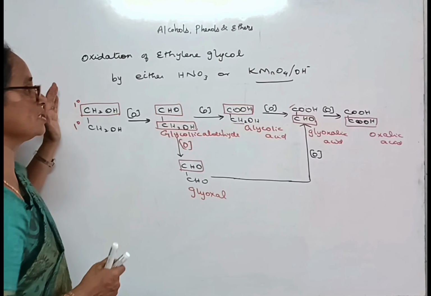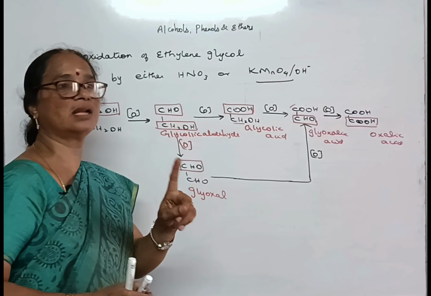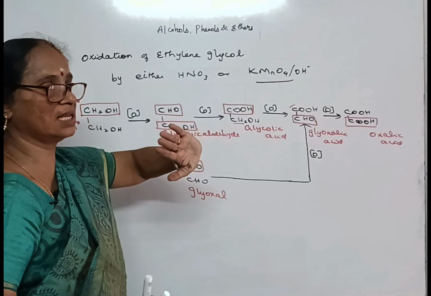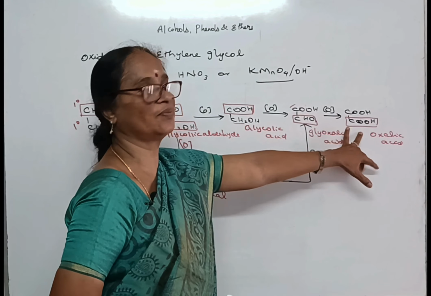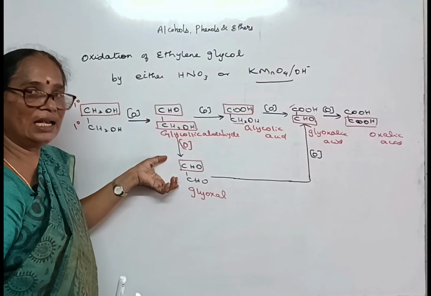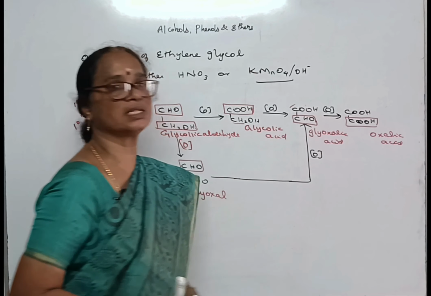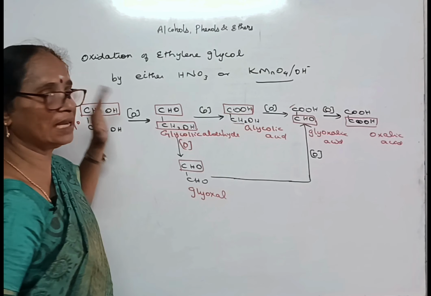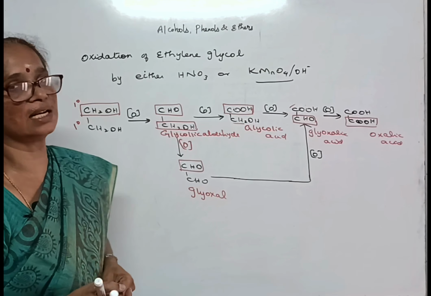So the learning process is important: we have to consider only one of the primary alcohols at a time. When you change the first primary alcohol up to acid, then you have to take the second primary alcohol up to acid. Or you have to consider both primary alcohols to aldehyde, and then proceed with the subsequent oxidation to carboxylic acid. These products will be obtained depending on the nature of the oxidizing agent we have selected for oxidation of glycol.